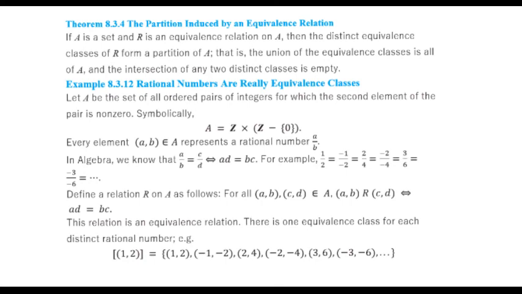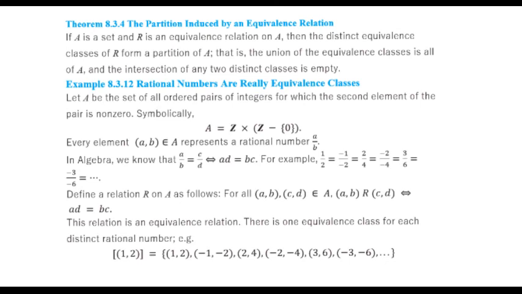So let's define a similar relation on A. We define a relation R on A in the following way. We say (a, b) and (c, d), if they are two members of A, are related by R if and only if ad is equal to bc, correct? So we define it in a very similar way as the equality of two rational numbers.